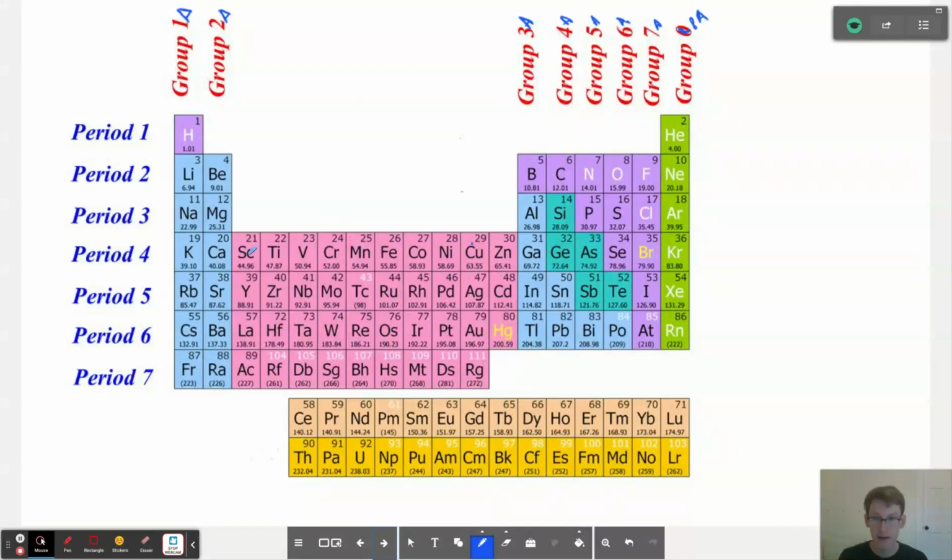So it's kind of convenient that there's 10 here because you could say group 3A or group 13. I'm probably going to consistently show you this 1A, 2A, 3A way of looking at it, but if you look up a periodic table, you may see the transition metals, which are these guys, with their groups numbered as well, and then you'd hit 13 for anything over in this block, 13, 14, 15, and up.